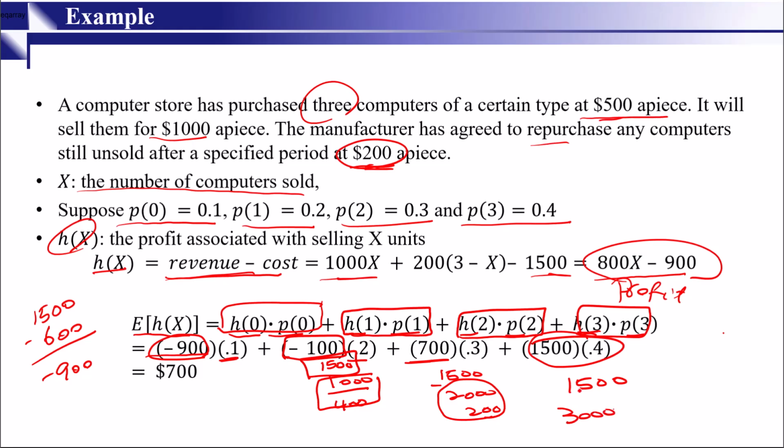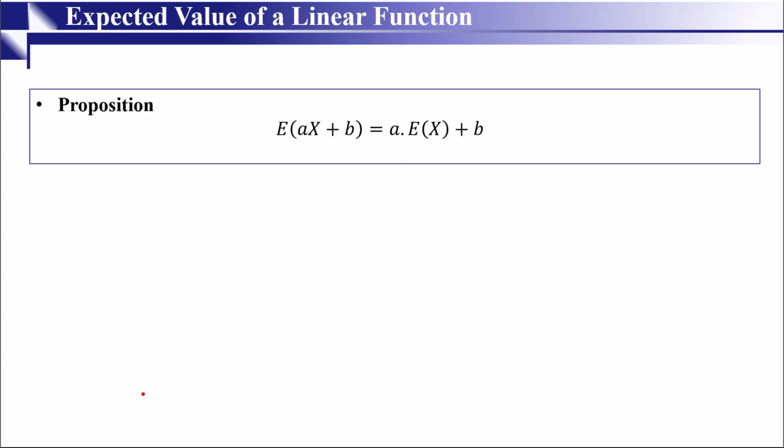So 3,000 minus 1,500. In general, if you sum them together, on average he can earn $700. The function h(X) of interest is quite frequently a linear function, ax plus b, where a is the slope and b is the intercept. In this case, E[h(X)] is easily computed from E[X].